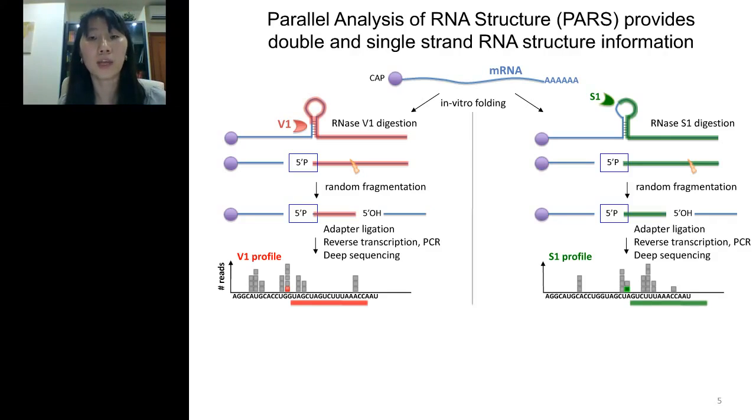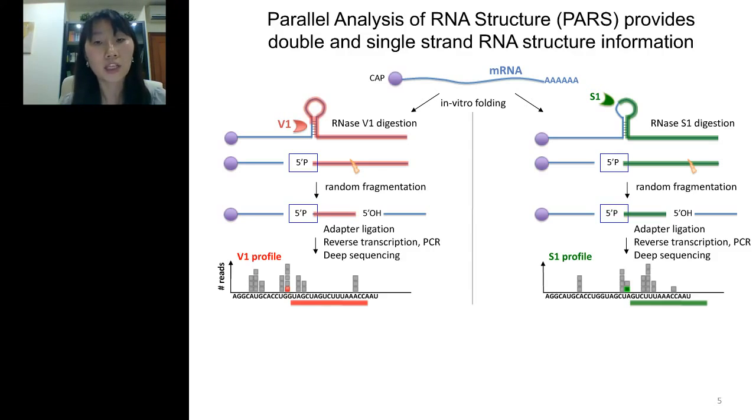Similarly, we can use a single-strand enzyme known as S1 nuclease that cleaves at single-stranded regions along an RNA. Again, upon single-stranded cleavage and adapter ligation, we can make a cDNA library that can be sequenced, such that upon mapping, we can identify where all the single-stranded regions are along the transcriptome.